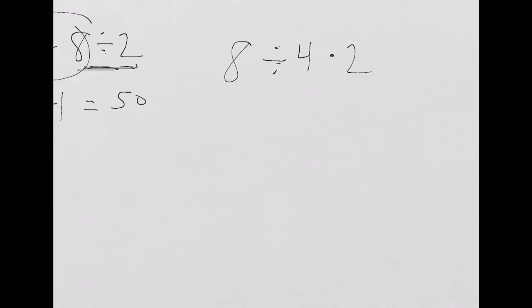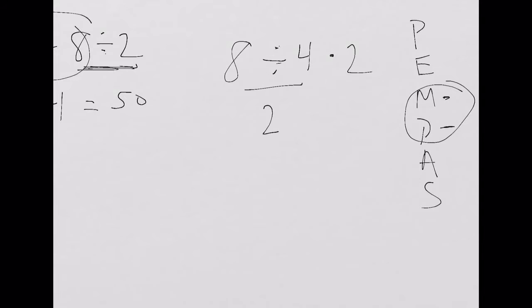If you just have those, you go left to right. A lot of people get caught up in this rule that, okay, multiplication before division. But again, these are left to right. So I should divide first and say 8 divided by 4 is 2, and then lastly times 2 equals 4 is the correct answer.